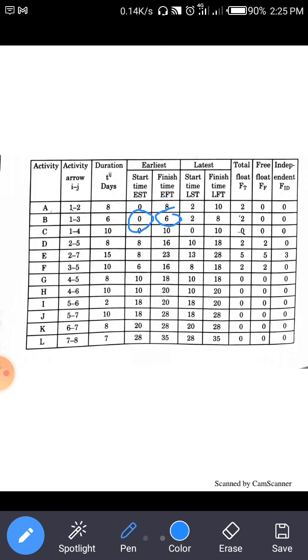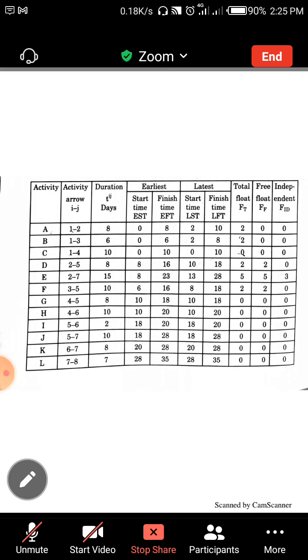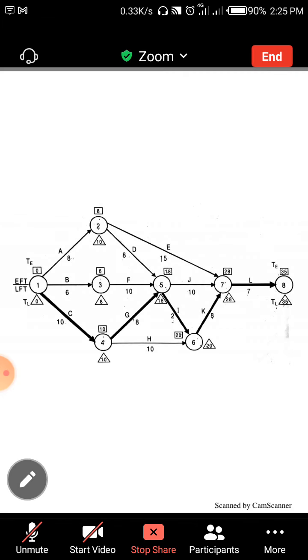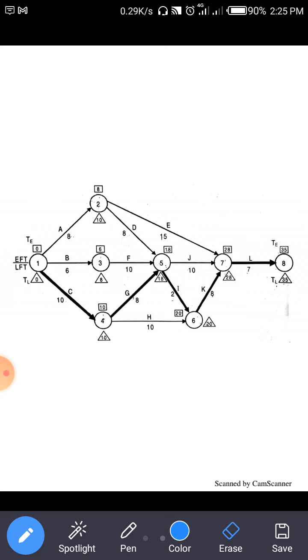Similarly for activity 1 to 4, earliest starting time 0 and earliest finish time 10.